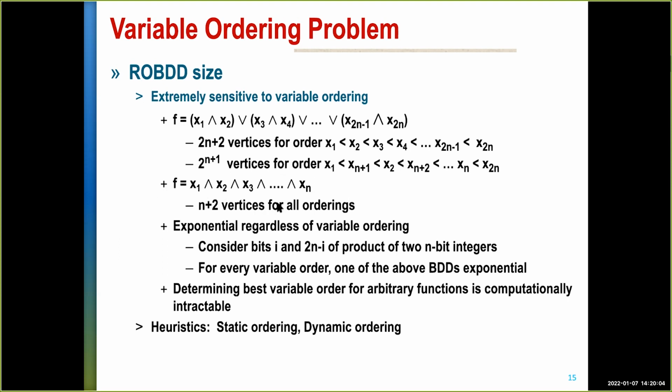Whereas there are other functions for which no matter what order you choose, you're going to get the same size. Okay? In particular, the multiplication function, which means if I take two n-bit integers and try to represent the Boolean function that represents the different bits of the product of these two n-bit integers, then particularly the middle bit, the nth bit of the 2n-bit product of two n-bit numbers, is known to be a particularly tough case in the sense that no matter what variable ordering you use, you'll get exponential size.